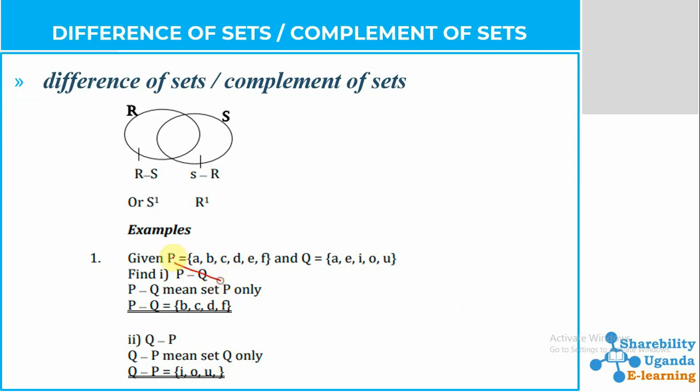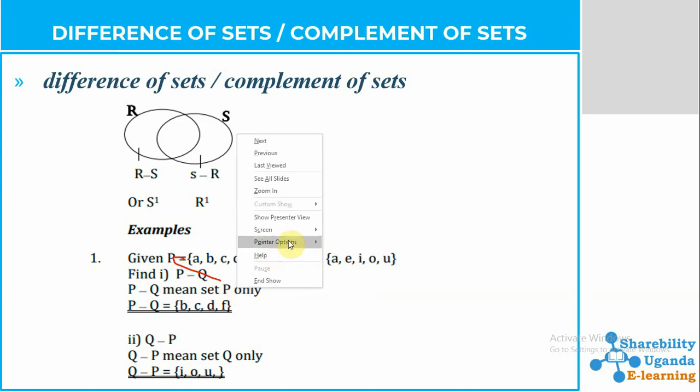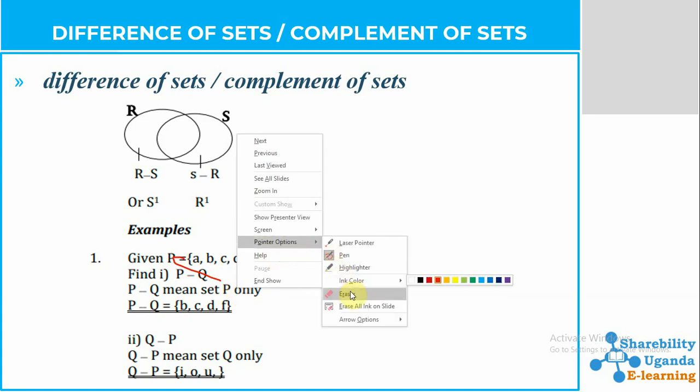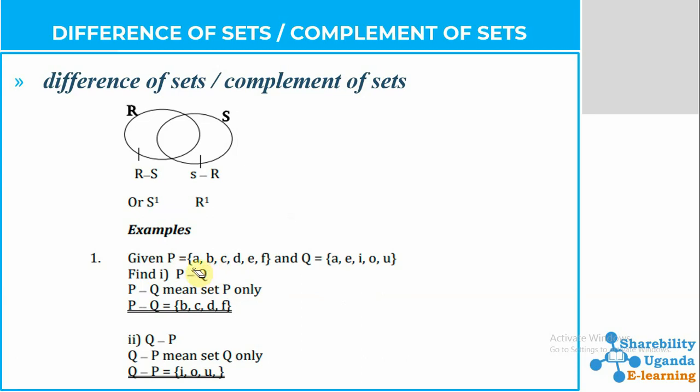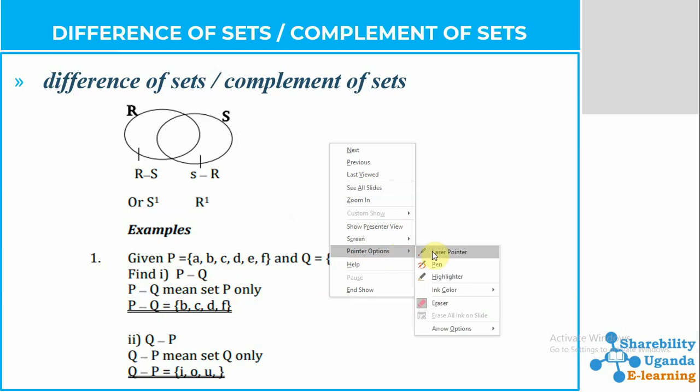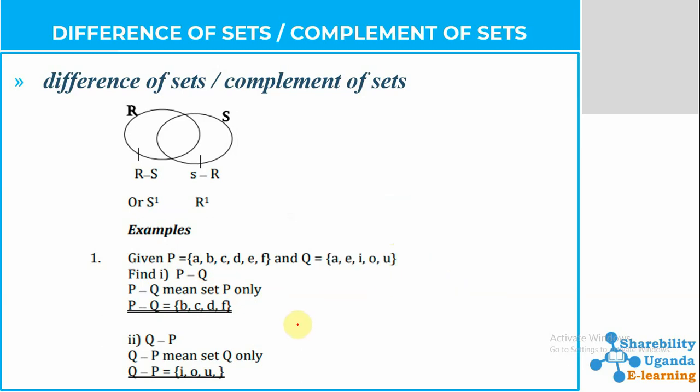We are having our P with letters. Let me first rub this. We are having A, B, C, D, then A, E, O, U. These are vowels.